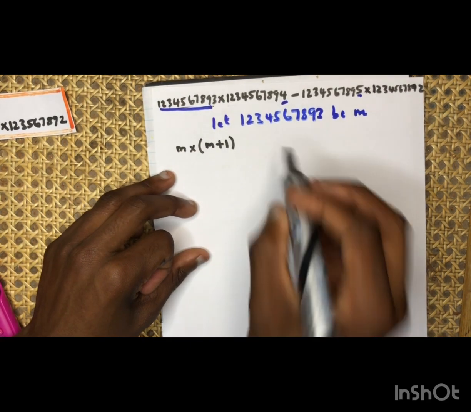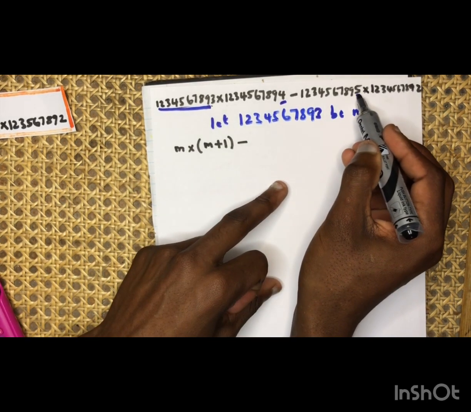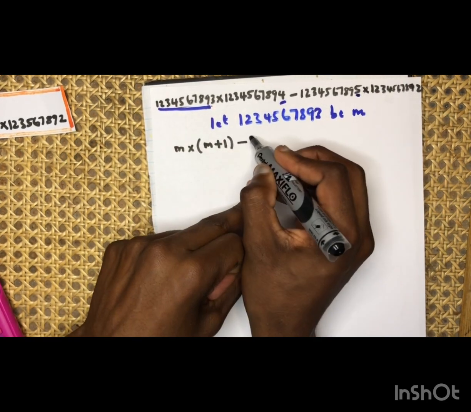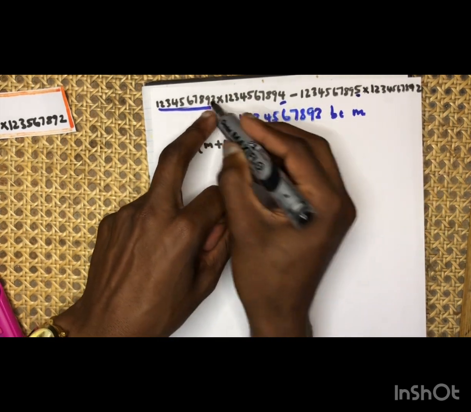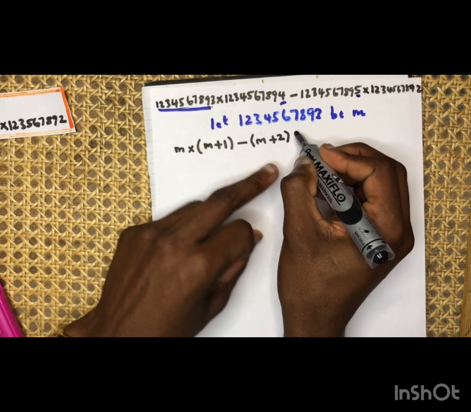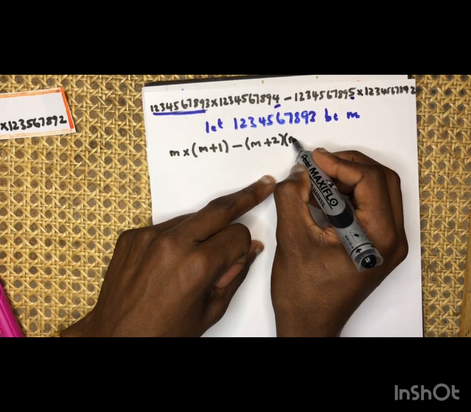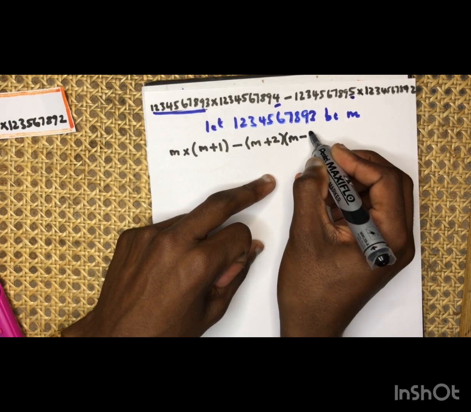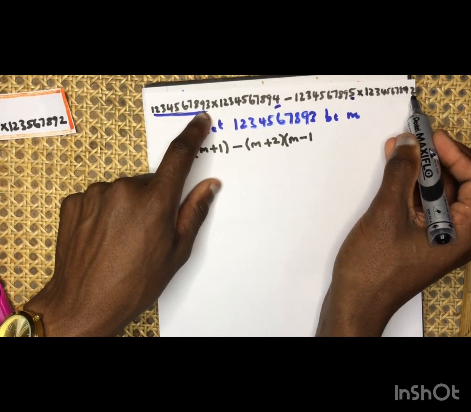Are we together? Then minus, look again at the last digit, is 5 here, is 3 here, so it's going to be m plus 3. 5 minus 3 is m plus 2. Then times, look at the last digit, it's going to be m minus 1, because it's 3 here and it's 2 here, the last digit.